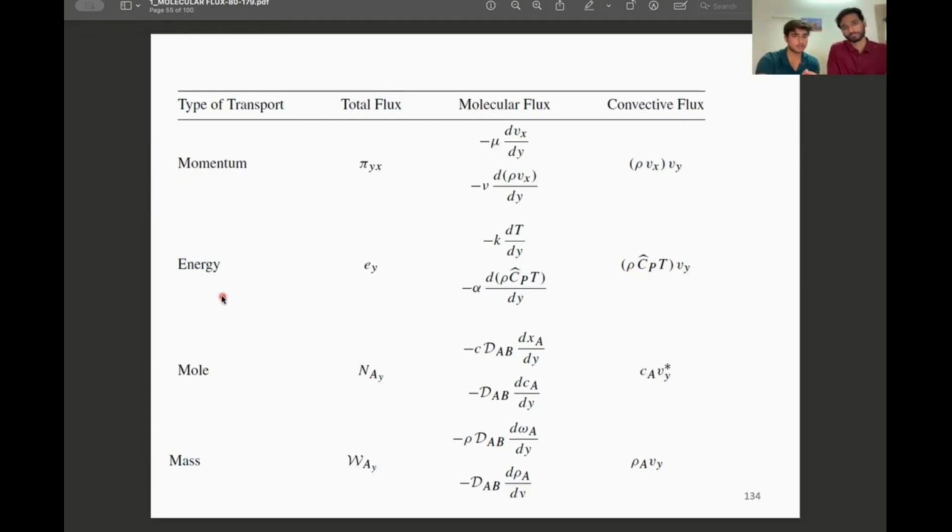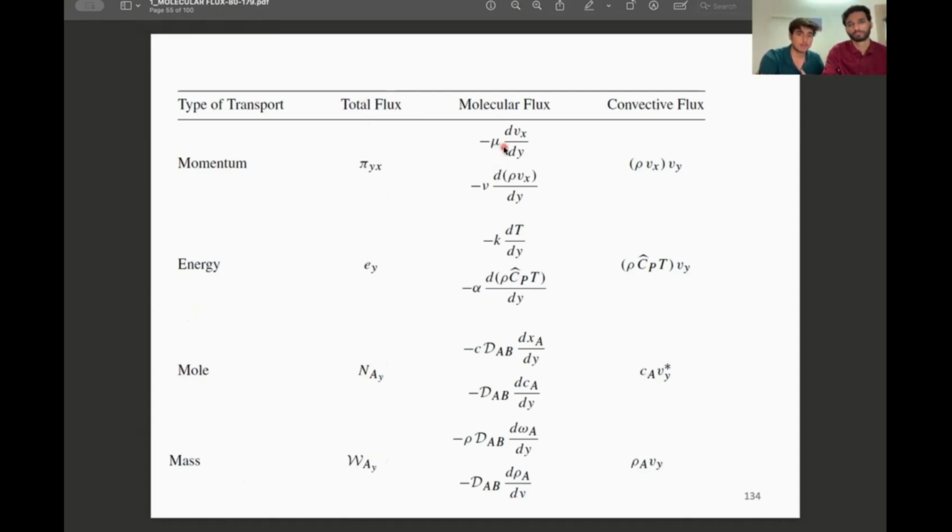This is the generalized denotation of the total fluxes in each case. For momentum it is pi, for energy it is E, for mole it is Na, and for mass it is Wa. So here pi yx, Ey, Nay, Way are the total fluxes, and these are how we denote each term.